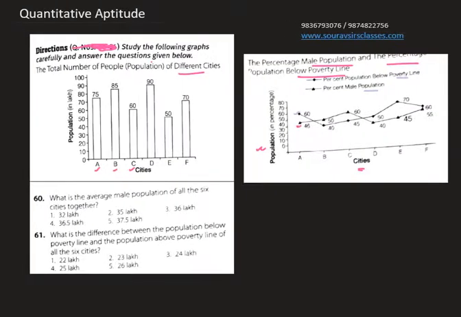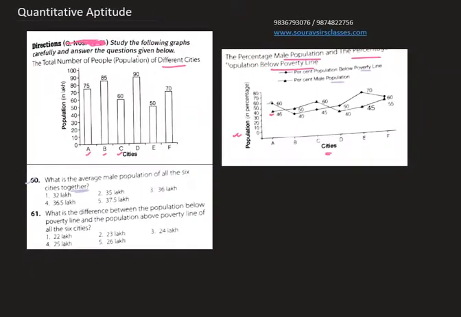Okay, now let's see the question. The first question asks: what is the average male population of all the 6 cities together? Now first we write the population corresponding to these 6 cities.